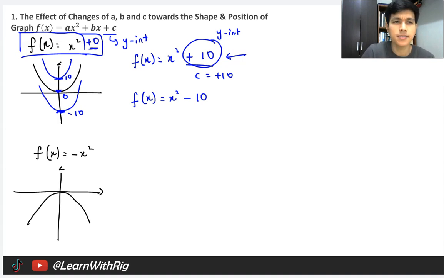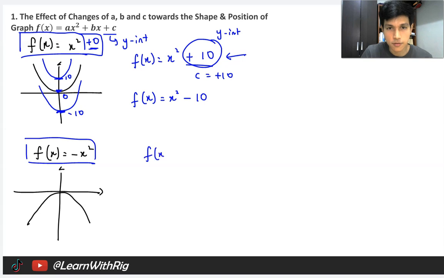Now if it's a negative graph, it's still the same, right? It doesn't change. So this is the original negative a value, so you have an n-shaped graph. Now if you have f(x) equals negative x squared plus 10, same thing. It's a negative a value, so it's an n graph. So now the n graph is going to move upward.